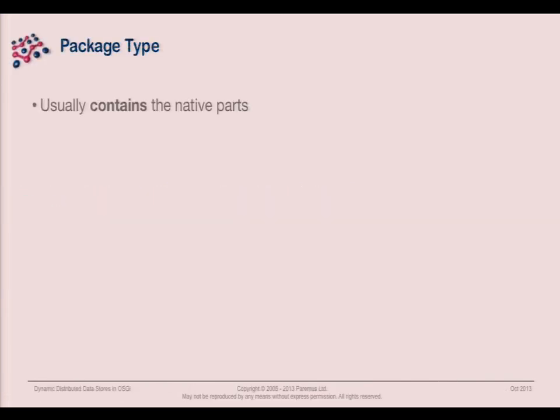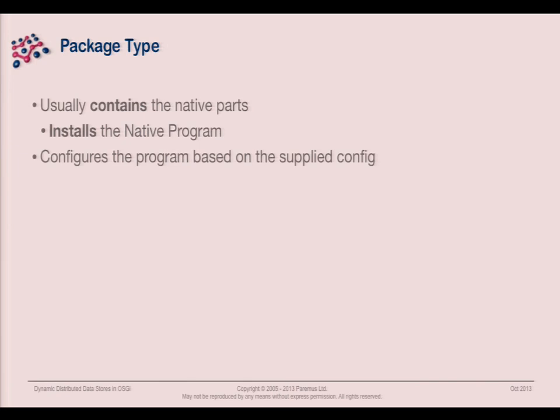So a package type, what is it and what does it do? Well, it usually contains the native parts of the thing that we're going to deploy, which means that you are actually platform specific. And it's got to have them in there because it needs to install them somehow. It could download them from some URL, but it's usually a good idea to just package them inside the bundle, because then you don't need to worry about whether the particular network endpoint is up or down or whatever.